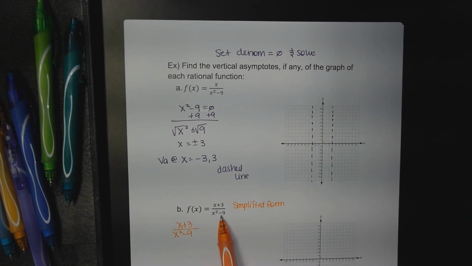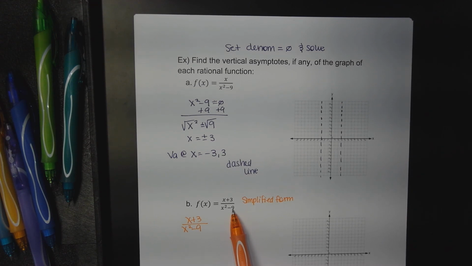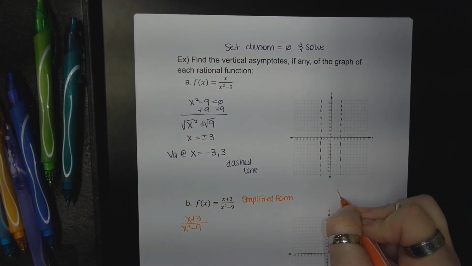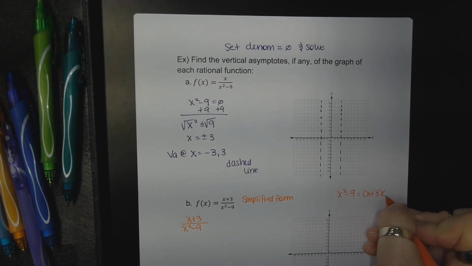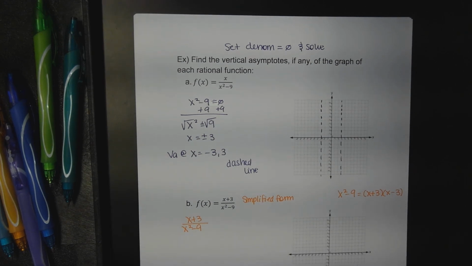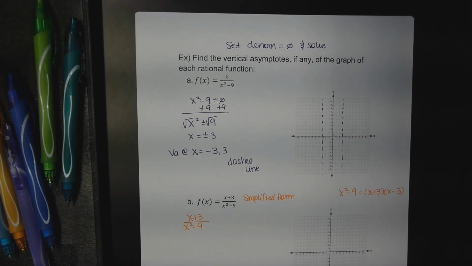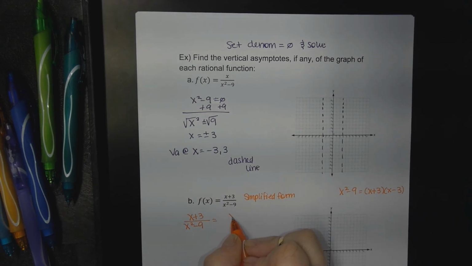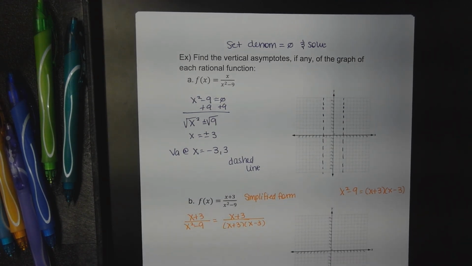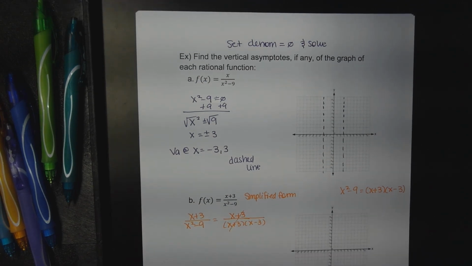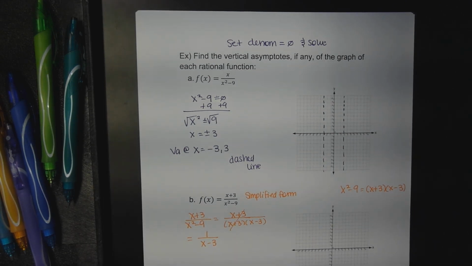You look at this and see that it's the difference of two squares, right? Because x squared minus 9 equals x plus 3 times x minus 3. So let's write it like that. So what can cancel here? Absolutely, x plus 3. So that's going to leave us with 1 over x minus 3, okay?